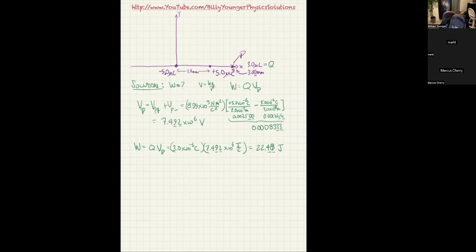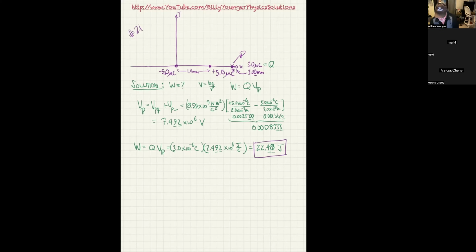Okay, so 23. The part I was confused was I wasn't really sure what was supposed to be the negative charge number. You say that the negative charge was negative 5.0 microcoulomb, and I didn't realize that we knew the number for the negative charge.